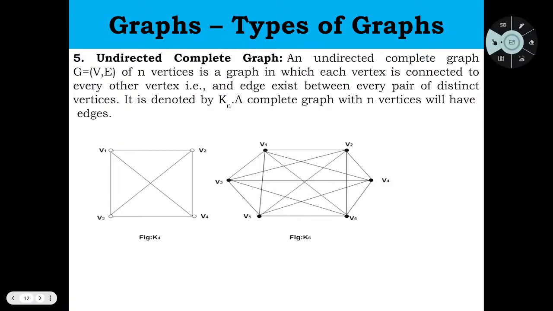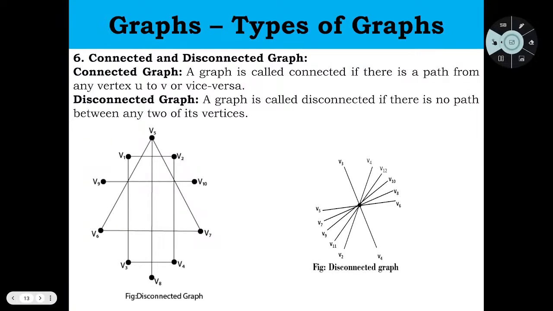Already I told you here, this is called as an undirected graph. Next, connected graph and disconnected graph. Connected graph ante enti? If 2 people talk, they get connected.